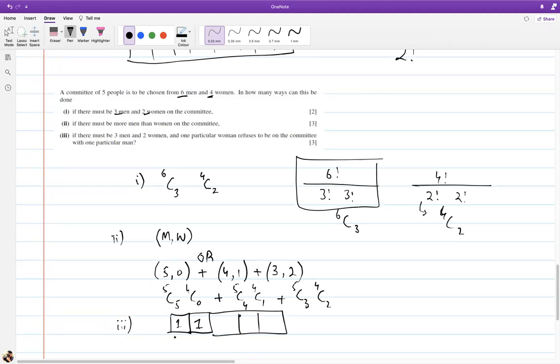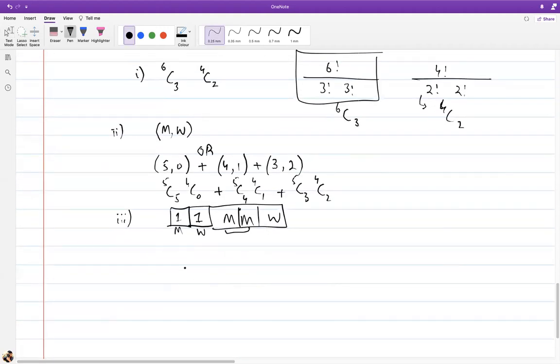Out of these 3, you have already picked a man and a woman, and you want to choose 2 more men and 1 more woman, because you have already chosen 1 woman. So how many ways of doing this? One way of picking that particular man, one way of picking that particular woman.